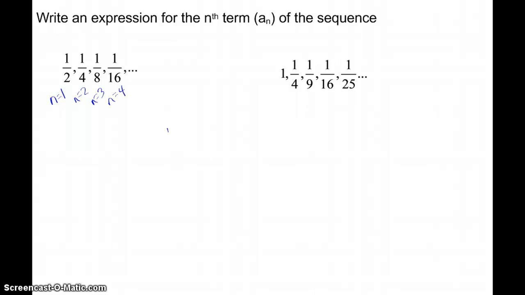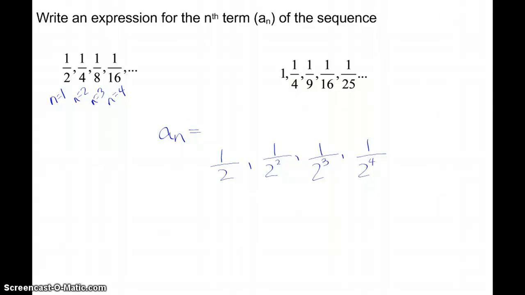So what we want to do is we want to find the nth term of a sequence that is 1/2. The relationship between 1/2 and 1/4 could be written like so. 1/8 can be written like so. 1/16 can be written like so.